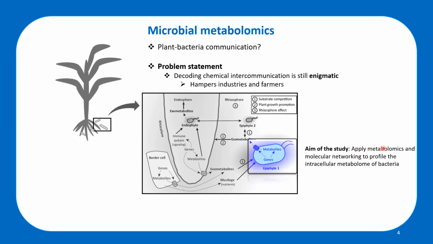Therefore, this study aims to apply metabolomics and molecular networking to profile the intracellular metabolome of the biostimulant bacteria, under the notion that if we can understand the chemical space of the biostimulant bacteria, we can then better understand what metabolites are being secreted and how the communication is being carried out to the plant.